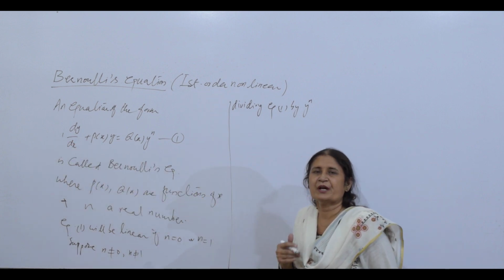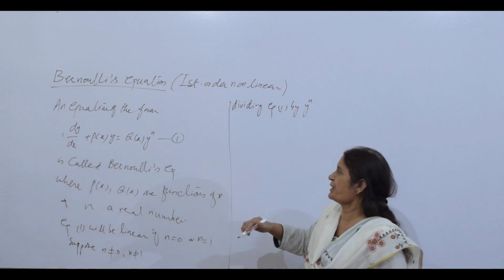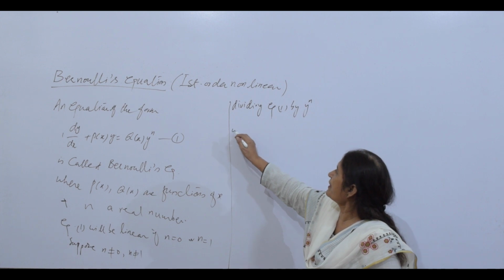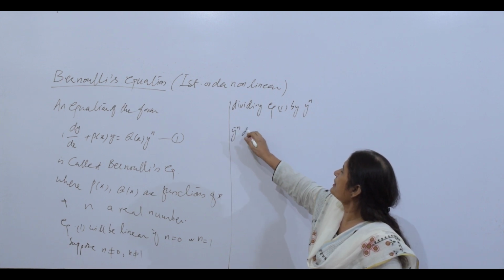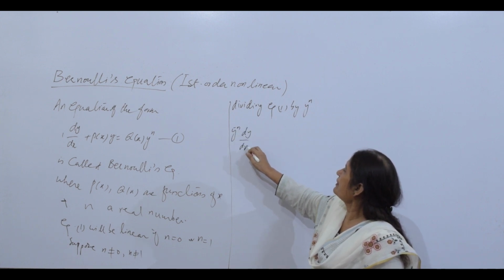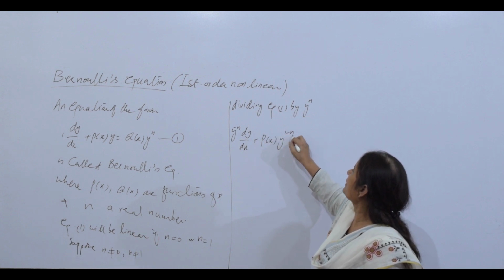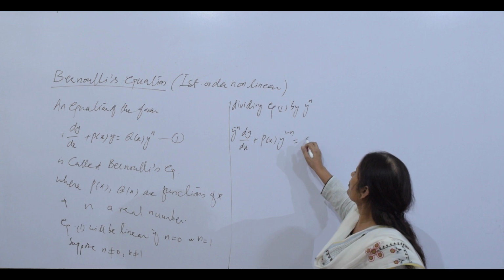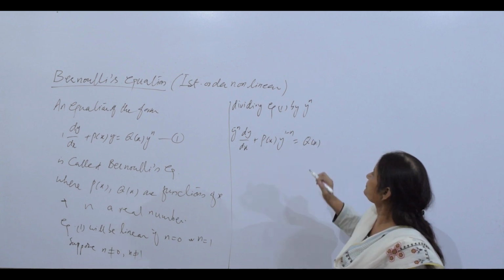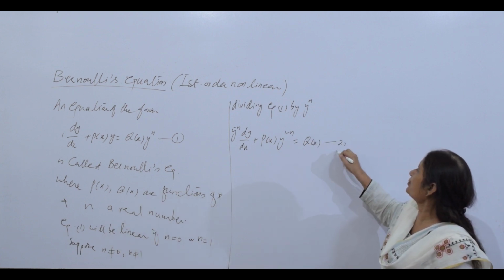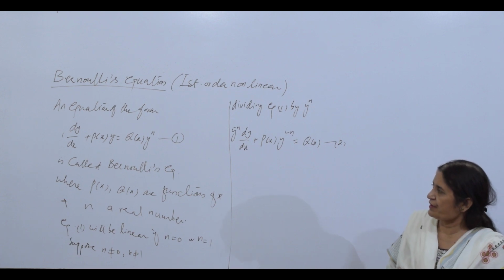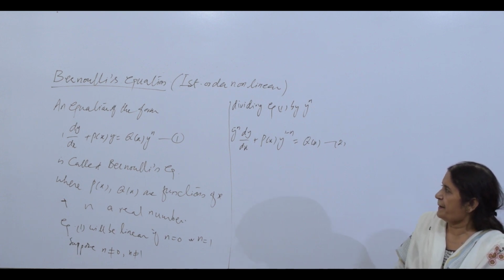Dividing by y^n, this is y^-n dy/dx + p(x)y^(1-n) = q(x). This is equation number 2. This we have divided by y^n.